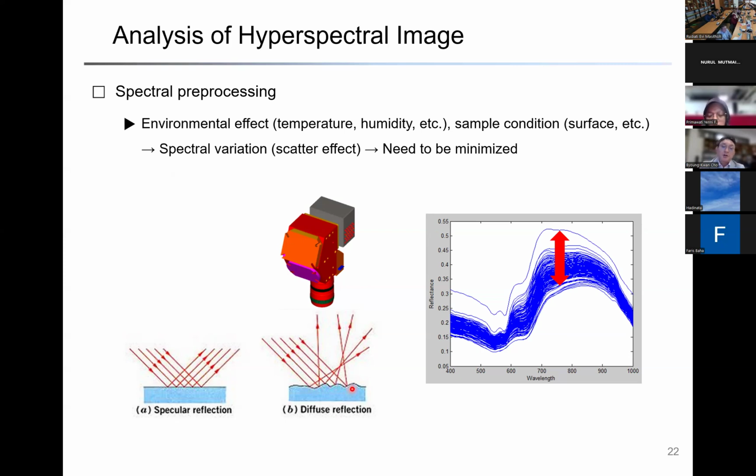If the path is longer than the shortest one, the intensity becomes less. So that effect results in intensity differences in the spectrum like this. If the sample surface is rough, the scatter becomes bigger. So that is an environmental effect. We need to minimize this effect.